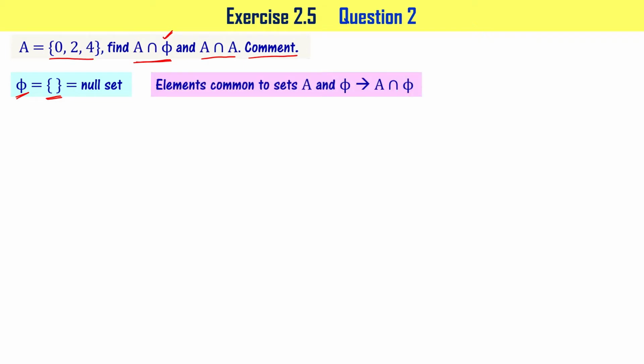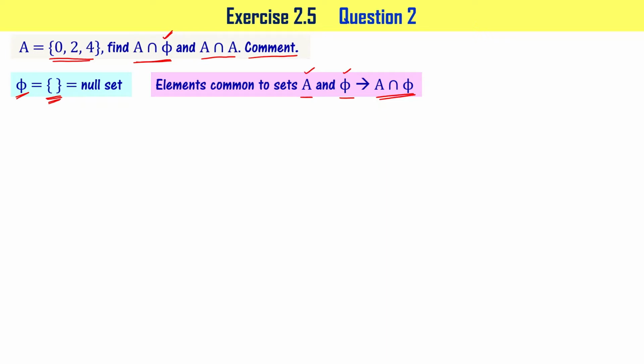The elements common to sets A and Phi are shown as A intersection Phi, right? A intersection Phi is the set of elements common to both set A and set Phi. We have seen already that set A has elements 0 to 4, whereas set Phi has no elements.